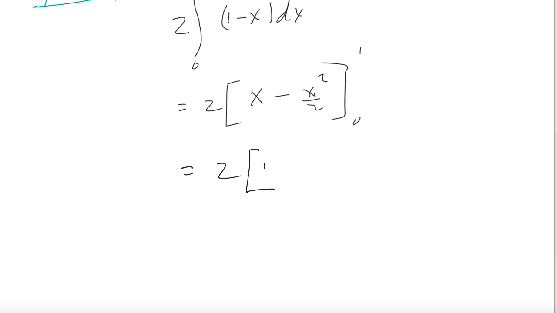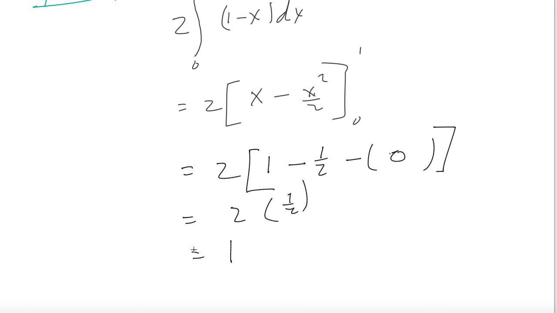Plugging in 1, we have 1 minus 1/2, minus, plugging in 0 just gives us 0. So we have 2 times 1/2, which is 1.